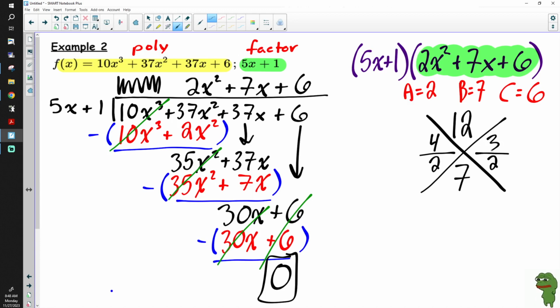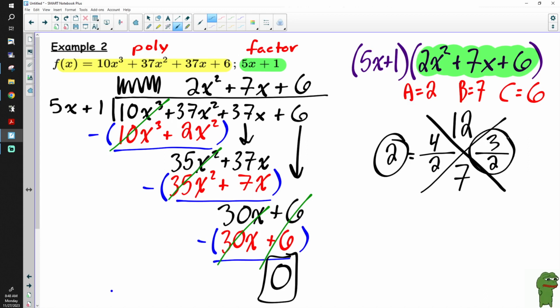Perfect. What is 4 divided by 2? 2, yes. Circle. 3/2, can it be simplified? It cannot. 3/2 is a simplified fraction.